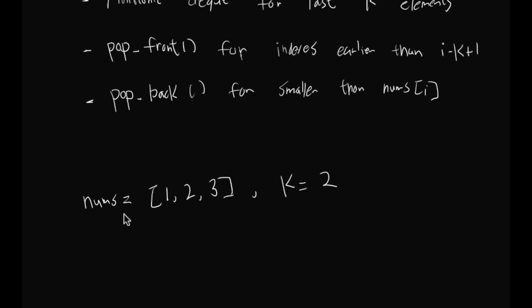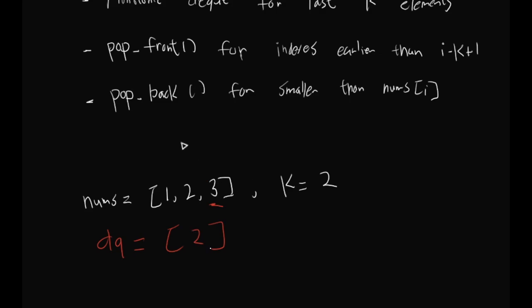In this example, nums equals 1, 2, 3 and k equals 2. This is index 0, this is index 1, this is index 2. If we are looking at this particular index, assuming this is the deque for non-decreasing, it will pop anything that is smaller than it, and it will become 2 here, and you get the idea.